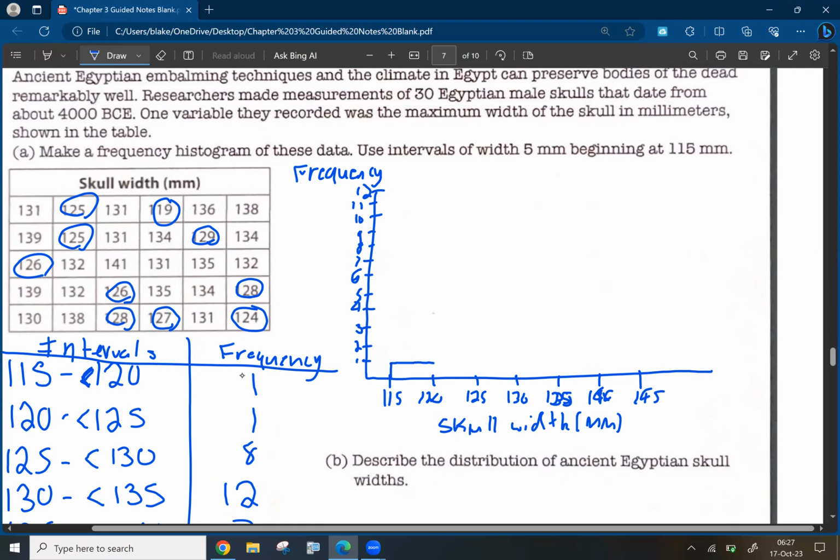So it's basically that tall. 120 to 125 is only going to be one high as well. Remember, these bars are connected. 125 to 130, that's going to go up to 8. So this bar is going to go up to 8. Kind of a big jump there. The next one goes up to 12 from 130 to 135. So this will go all the way up to 12.